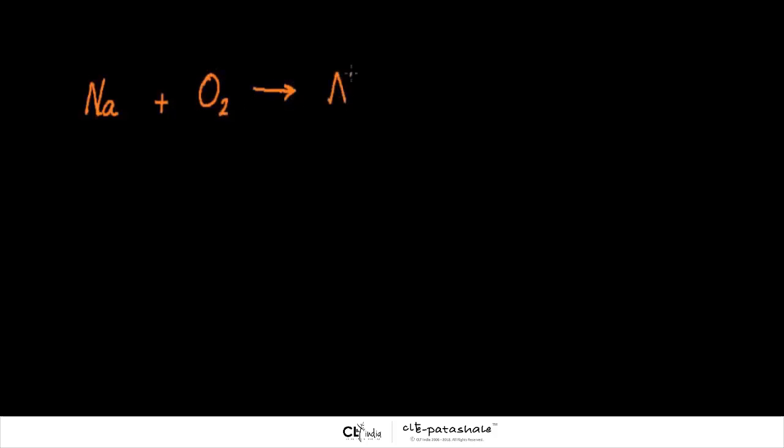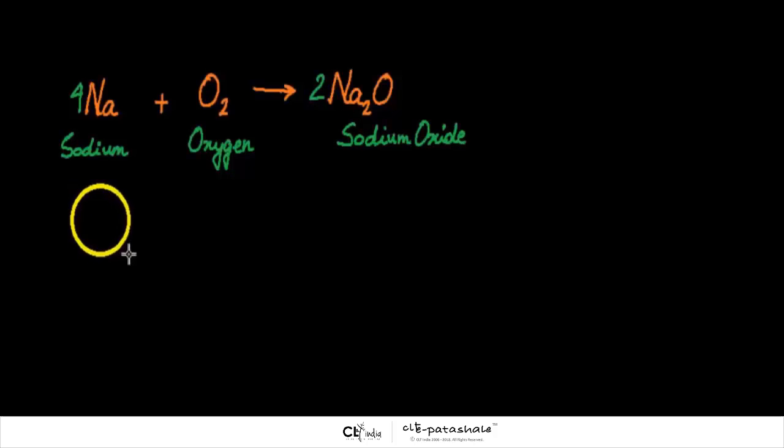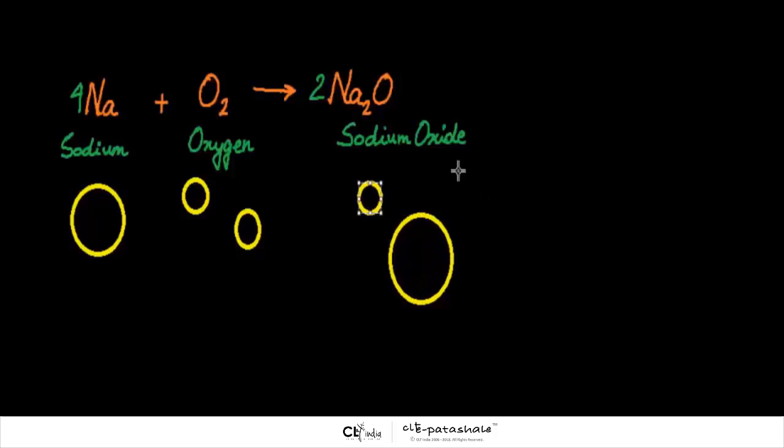Na plus O2 gives Na2O, where Na is sodium, O2 is oxygen, and Na2O is sodium oxide. Let's balance this equation. After balancing, we'll get the final equation as 4Na plus O2 gives 2Na2O.